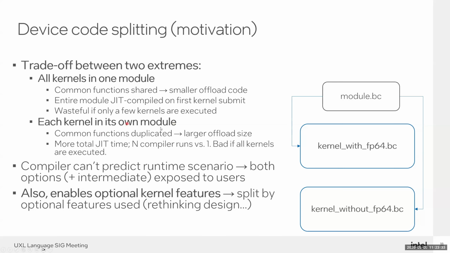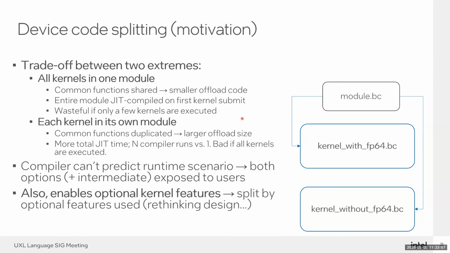At the same time, you have multiple compiler runs versus one, so you can make it parallel, which can be a performance improvement. But overall, it might be bad if you're executing all kernels from this set.